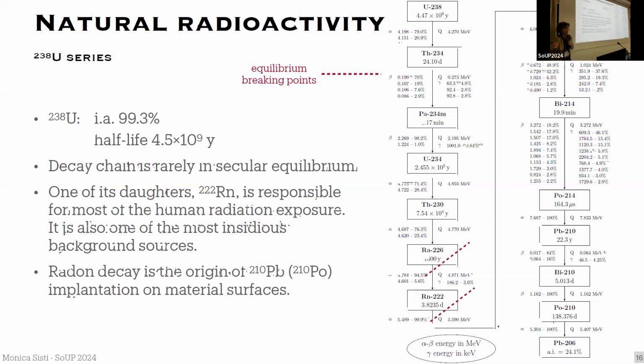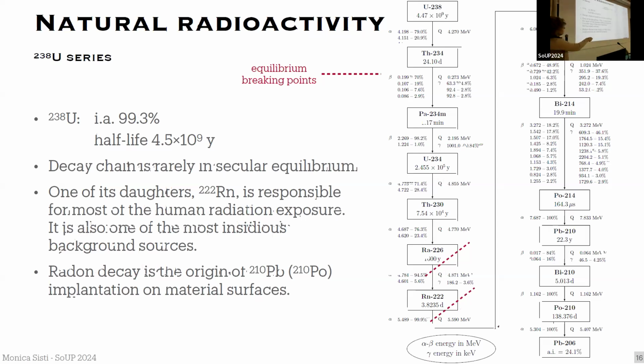Secular equilibrium, I think you all know what it is. It means that the activity of all nuclides in the chain is the same as the one of the progenitor, and this happens after roughly 5 half-lives of the daughter with the longest half-life.